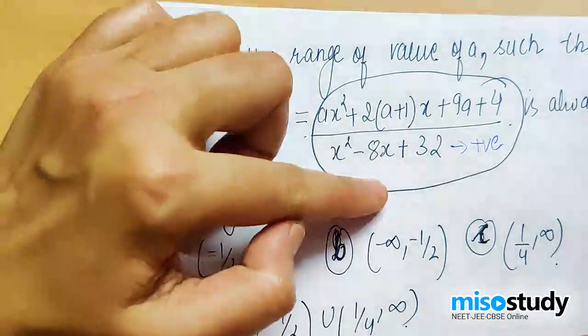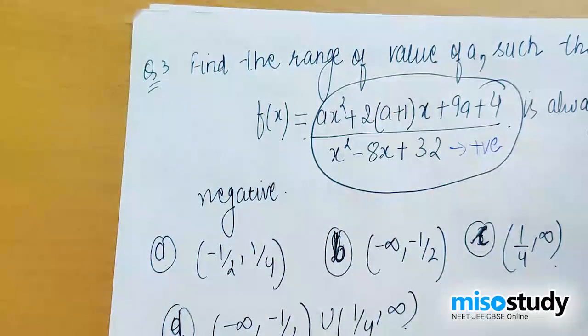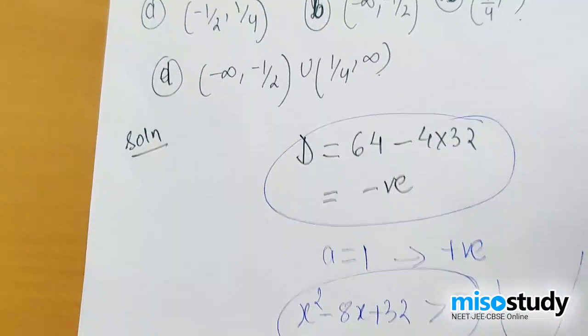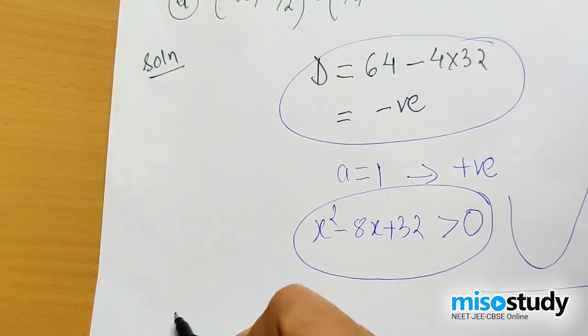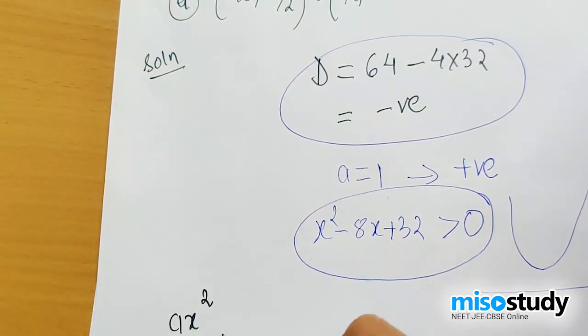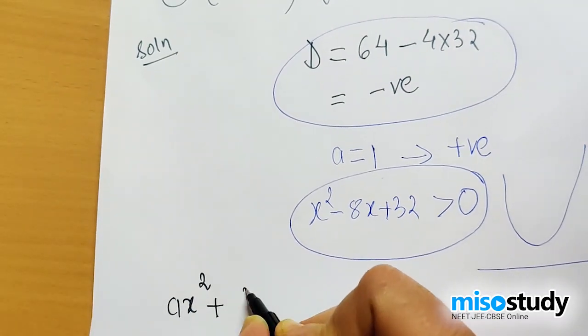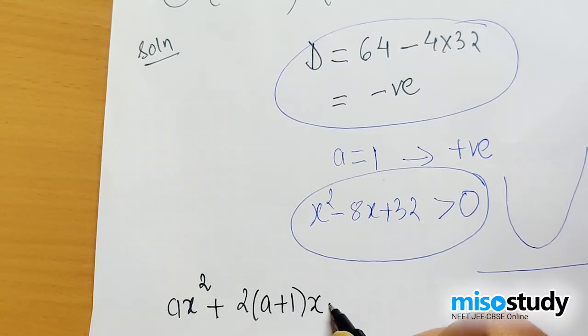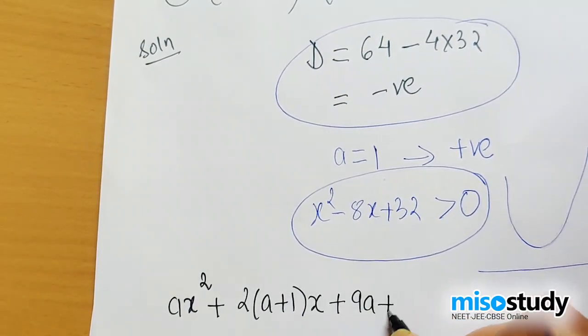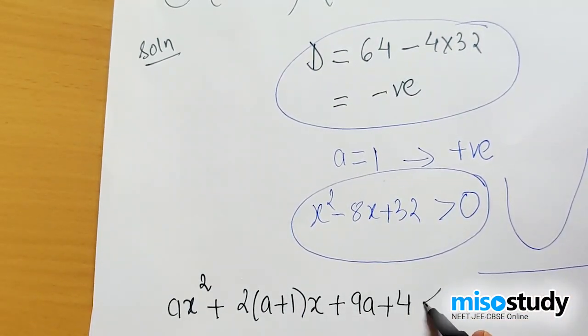So hence, since this is always positive, this should be negative. So we want that our ax squared plus 2 into (a plus 1)x plus 9a plus 4 should be negative.